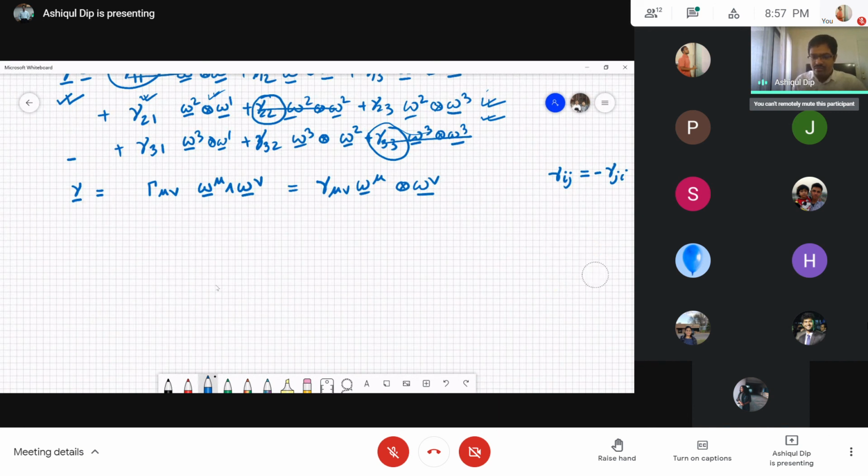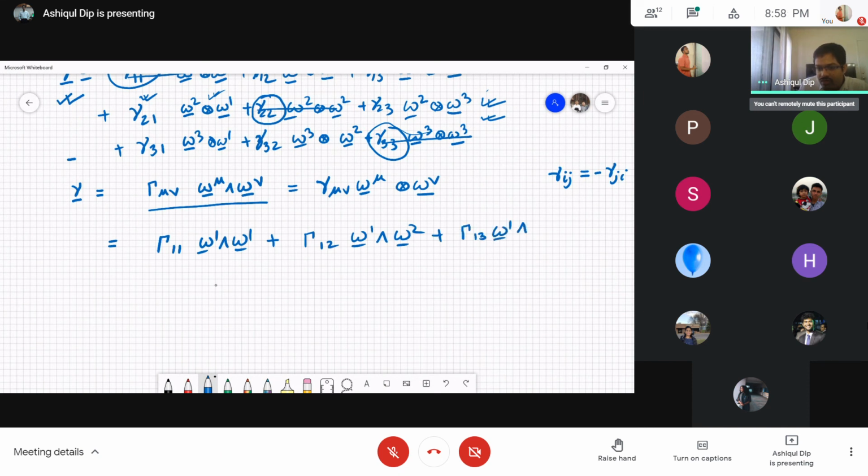Okay, let's do this, because we are going to do this just once, not again. So if we expand this thing with mu and nu summed over 1 up to 3, what should we get? We should get gamma 1 1 omega 1 wedge omega 1 plus gamma 1 2 omega 1 wedge omega 2 plus gamma 1 3 omega 1 wedge omega 3, like that, right?